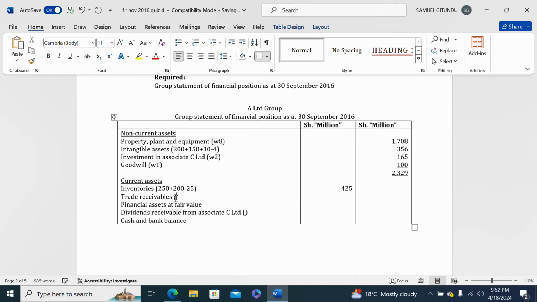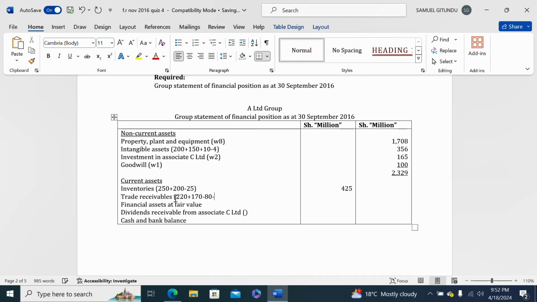Then we go to the trade receivables. The trade receivables of A are 220. The trade receivables of B are 170. Then we raise the intergroup trade receivables, which we were told is 80 million.